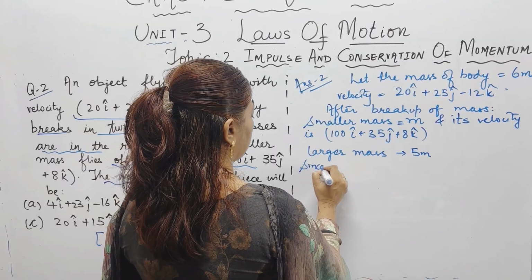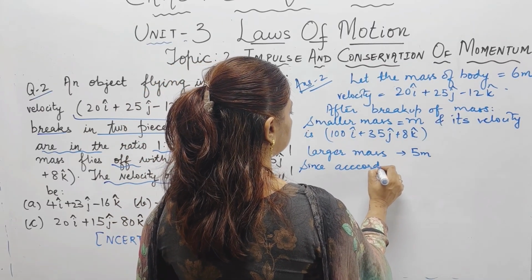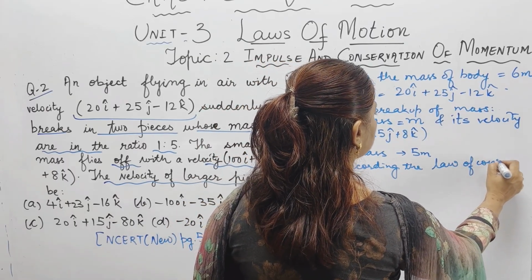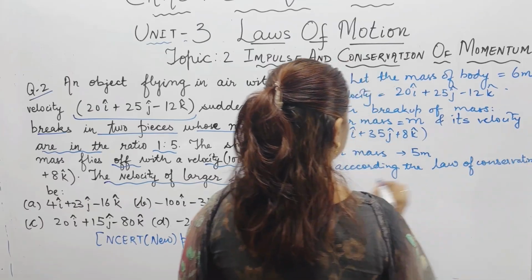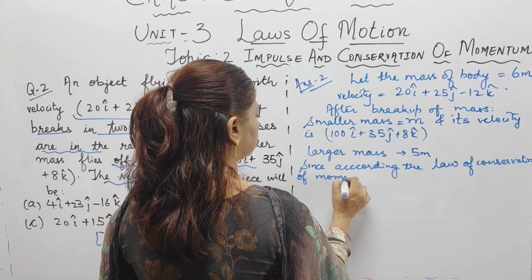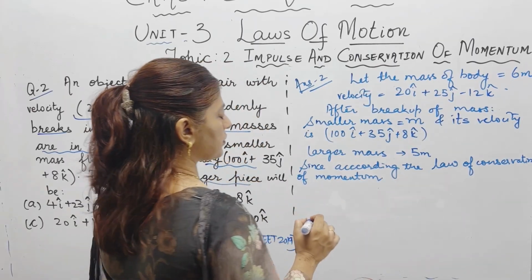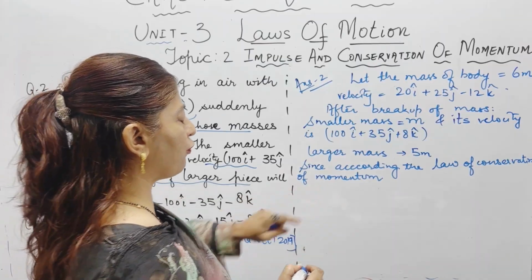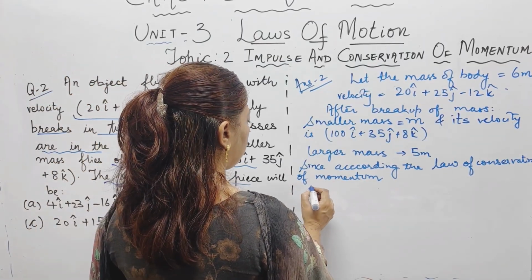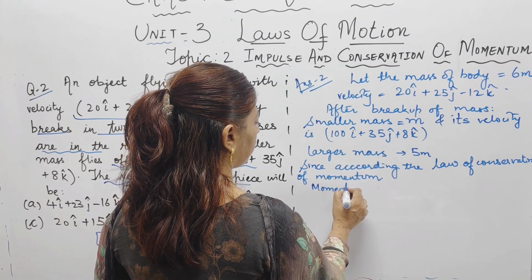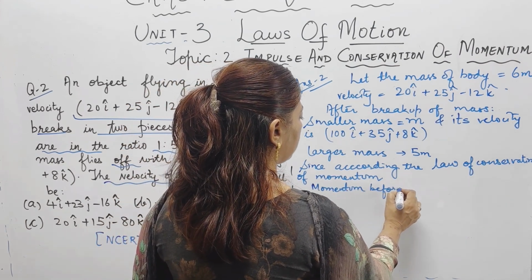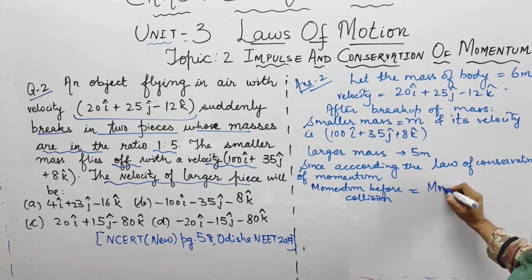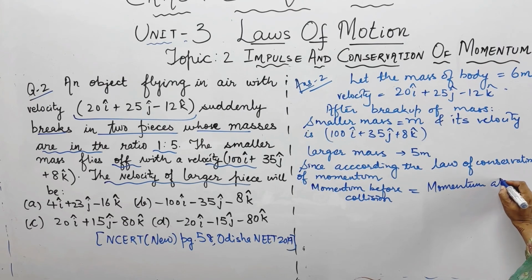Since according to the law of conservation of momentum, the velocity and the mass will be contributed in momentum, so that momentum before collision is equal to momentum after collision.